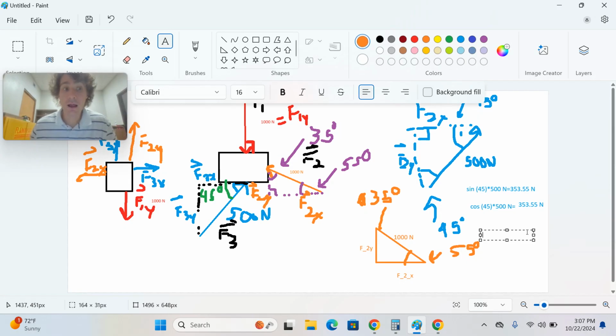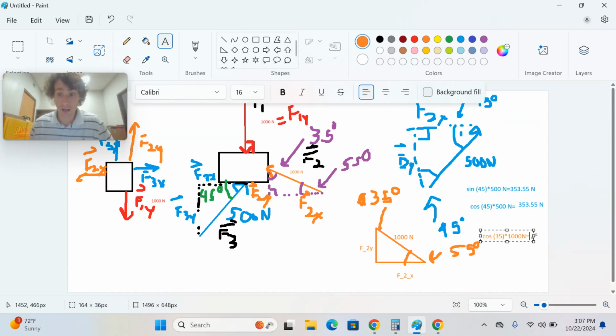Let's go ahead and use 35 because that was the angle we're given, right? So if I do cosine of 35 and multiply this by the vector, which is 1,000 newtons, I will get y, because it is the adjacent. I use cosine, the adjacent divided by the hypotenuse.